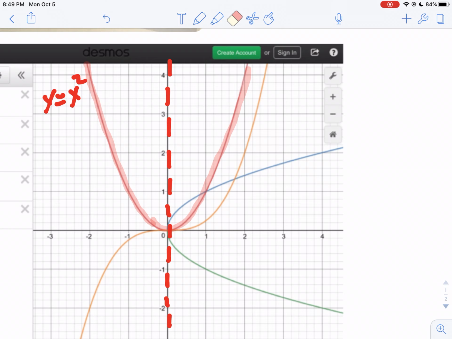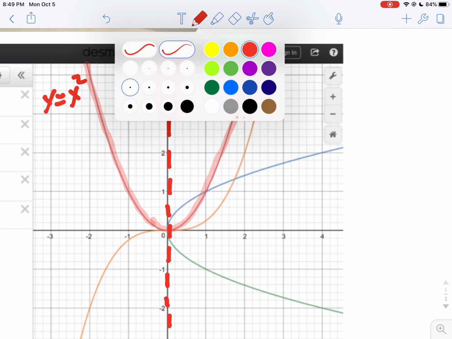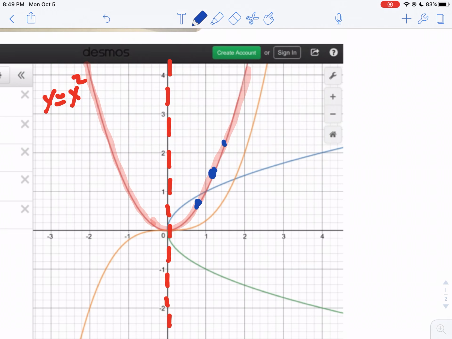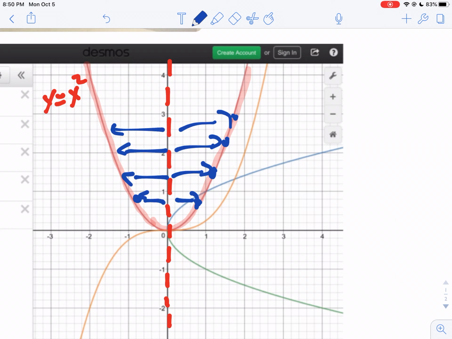And if you notice, all the points on the right-hand side, you see these points here? They are equidistant from the line of symmetry. Same thing directly opposite of it. So you see basically the same thing on the left side of the line as on the right side.